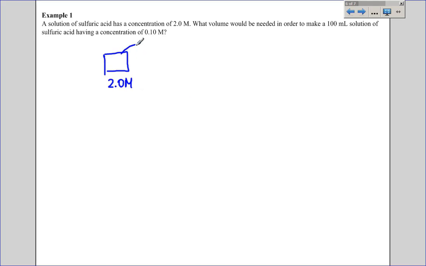And I want to know what volume I would need in order to make a solution that is 0.1 molar and 100 milliliters. So I know my final concentration and my final volume, and I would like to know how much of this solution I will need in order to prepare this.